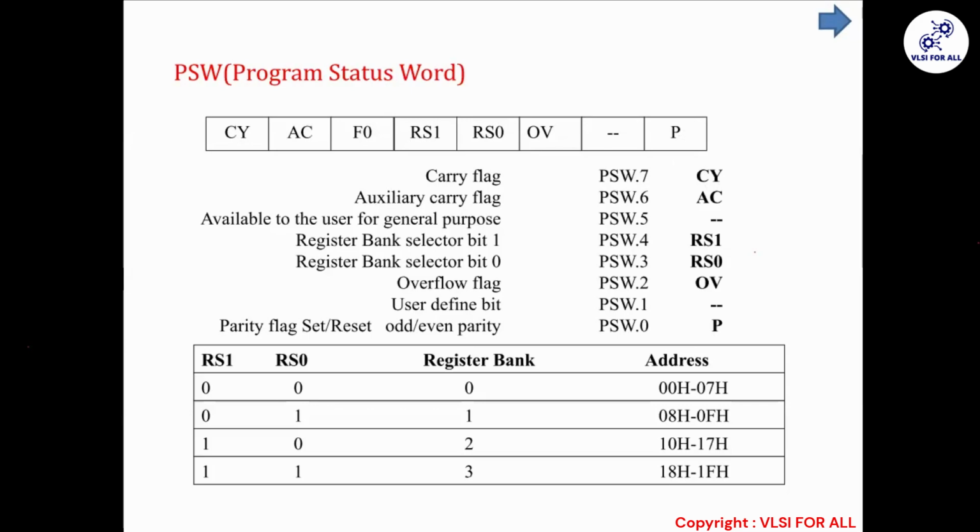When it was 1. Right. In ALU, if the operation is working on 8-bit and 8-bit, and from the MSB, if both the MSBs are 1 and 1, and we are doing the addition, 1 plus 1 is 1, 0. So 0 will come in the MSB of the accumulator, and that 1 will set the carry flag high.